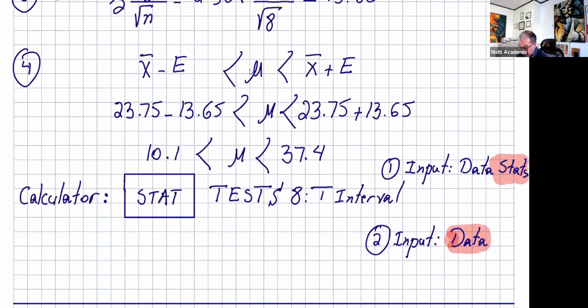Now, another way of doing this, you can do that by using your calculator. So just get the interval. To do that, you go to stats. So push stats and go to the right. It says tests. Take tests and scroll down to number 8. It says T interval.